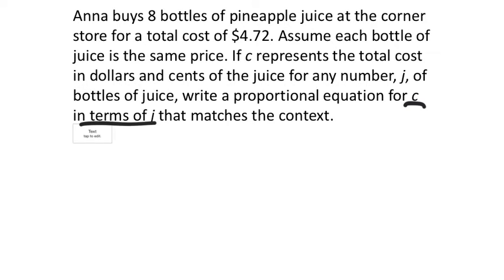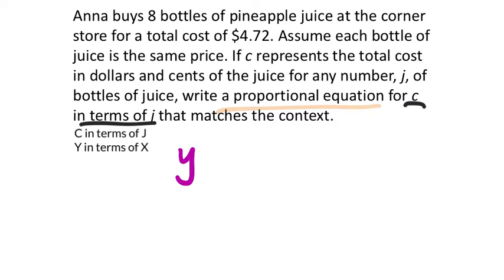So remember, just like we saw on that last slide, I'll write this out again: C in terms of J. But we want our equations written usually y in terms of x. Now, why am I stating this? It's because this tells us that for the equation we'll be writing for this one, it wants the proportional equation for this. And it should look something like this, right?